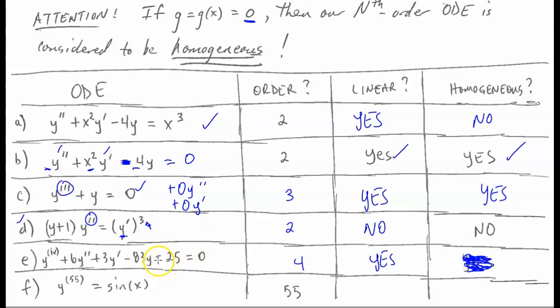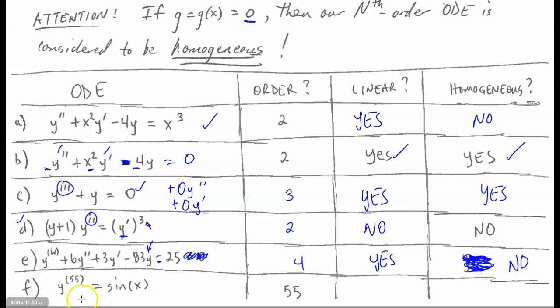But here, if I follow the profile of what a linear ODE looks like, I can add 25 here to both sides and make this look this way, okay? And so technically here, I got to have it as highest derivative term, next highest derivative, keep going until I get to no derivative. And then, of course, after this, if I have anything else left, I got to put it on the other side to see if it's homogeneous. And so for this one, it would be no for that reason, okay?